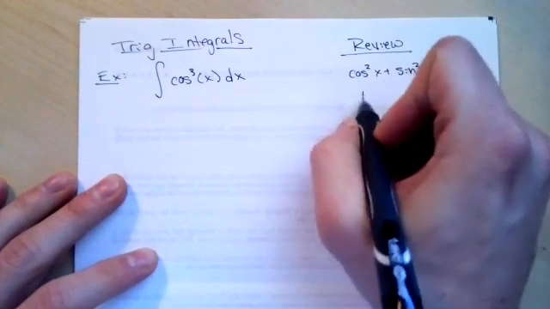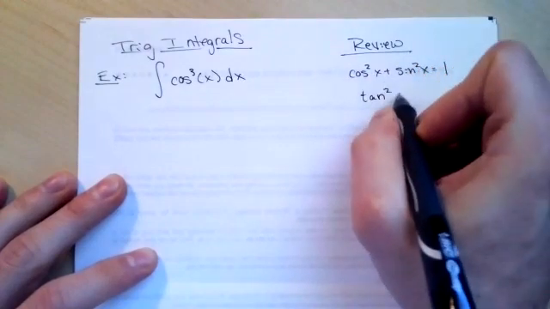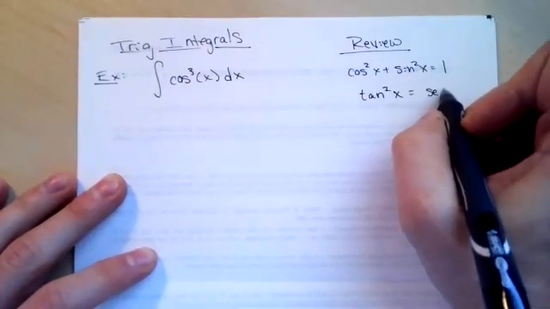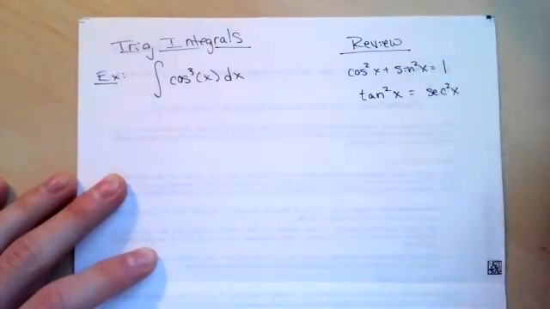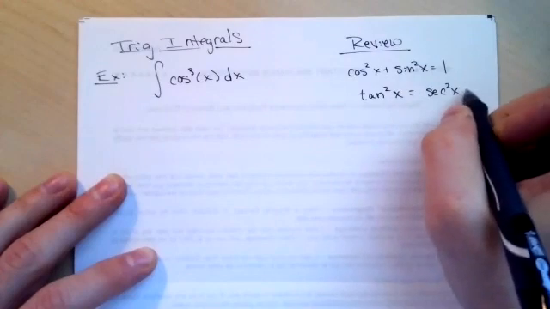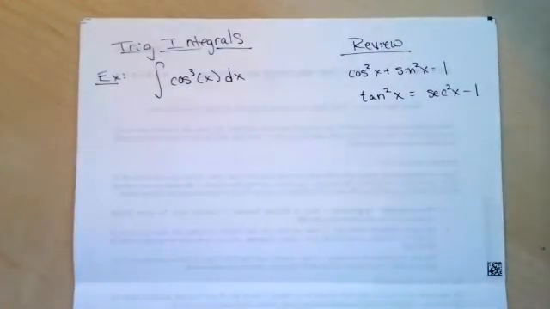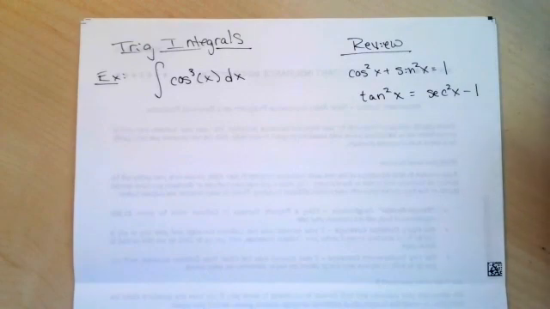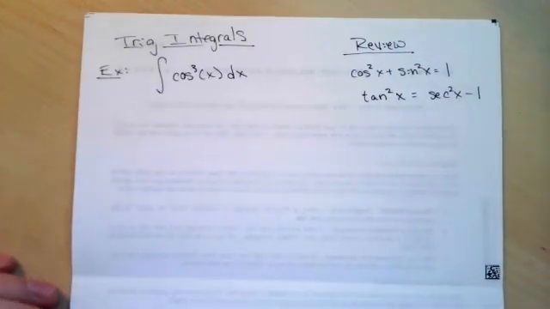So tangent squared x is equal to secant squared x minus 1. And then of course there's cosecant, cotangent identities as well. These are the two main ones. I think these are the ones that come up most. The other ones are very similar, except with minus signs that are off.